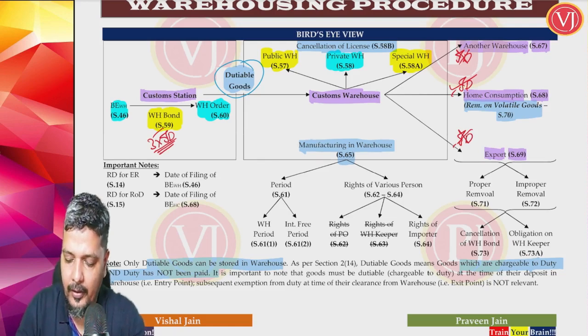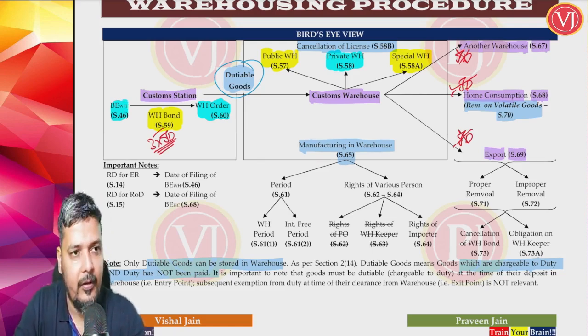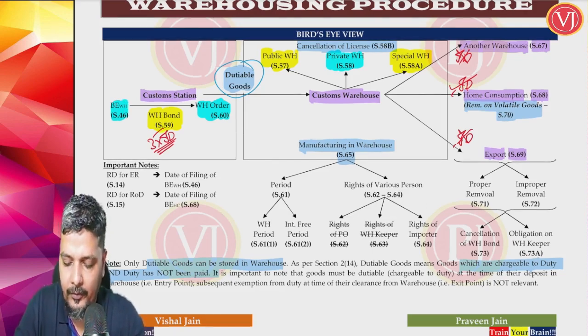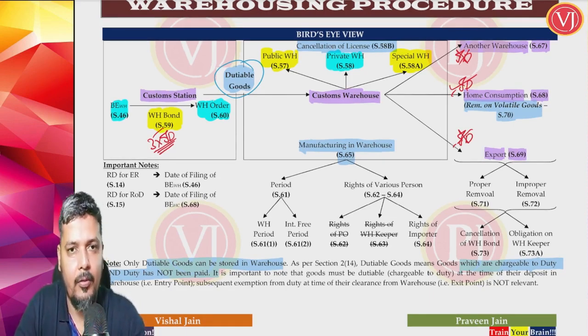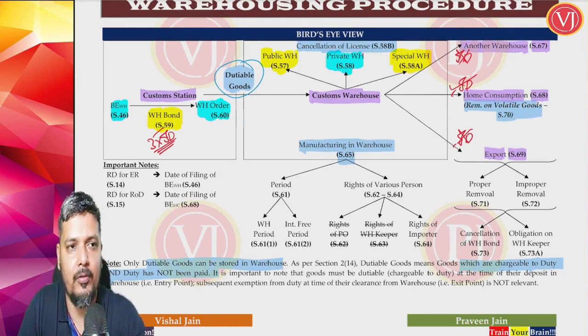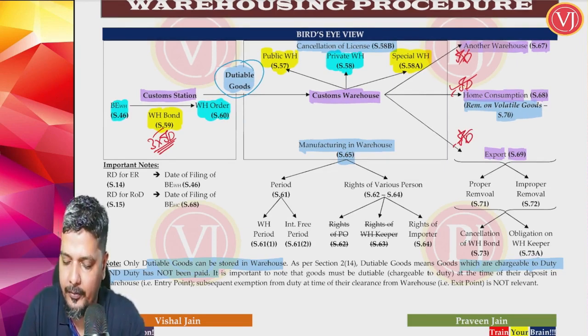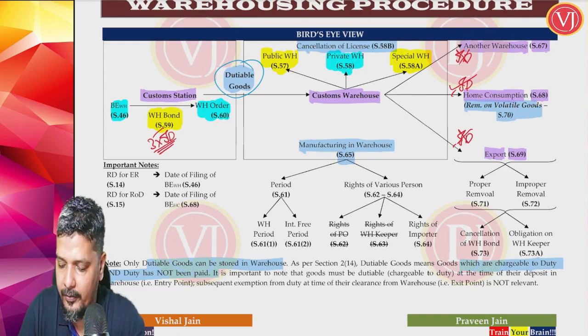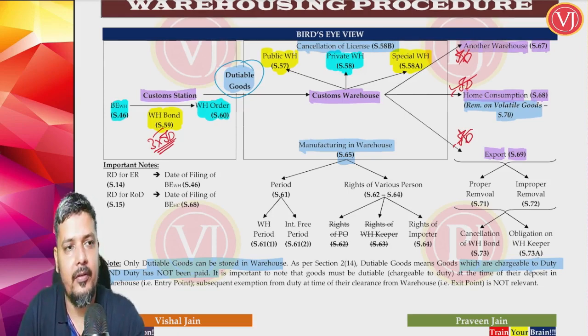When you are entering, it is section 46 along with 59. Officer will give warehousing order, section 60. When the goods go to warehouse, there are three types of warehouse: 57, 58, 58A, public, private, special warehouse, read along with 58B, which is your cancellation of license.